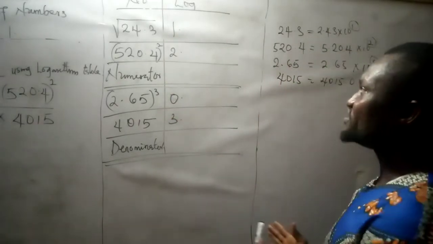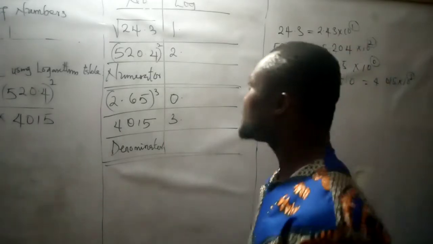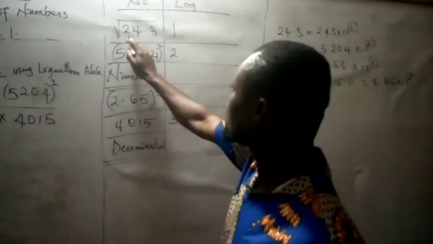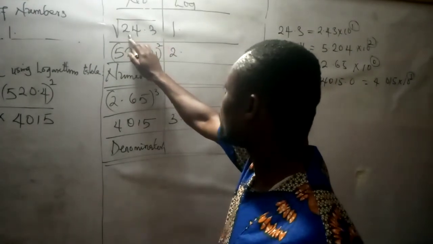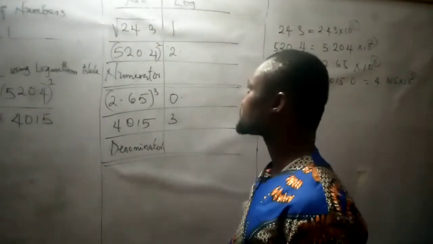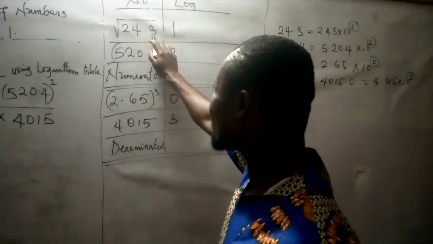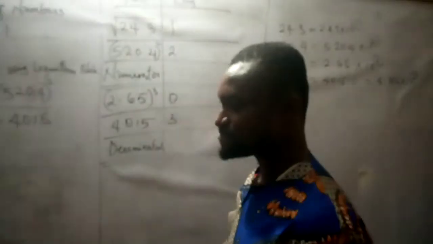Now let's work on the mantissa part. That's the decimal part. Now we have to work on 24.3. That means we now look for 24 in your logarithm table, then under 3. You look for 24 under 3.